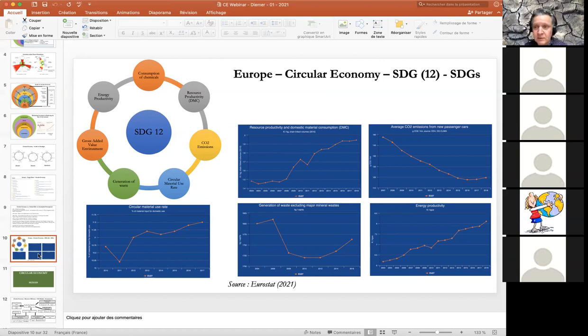And you see for the moment, it's very low, at least 12%. So it means we have to really improve the system. Some people believe that, or we have to find another system, or that the circular material use rate will be just one driver, but not the only driver. And I think for the moment, we are too much focused on this.